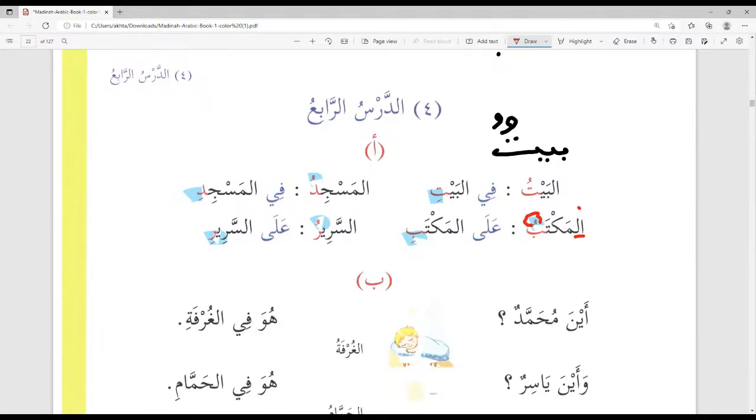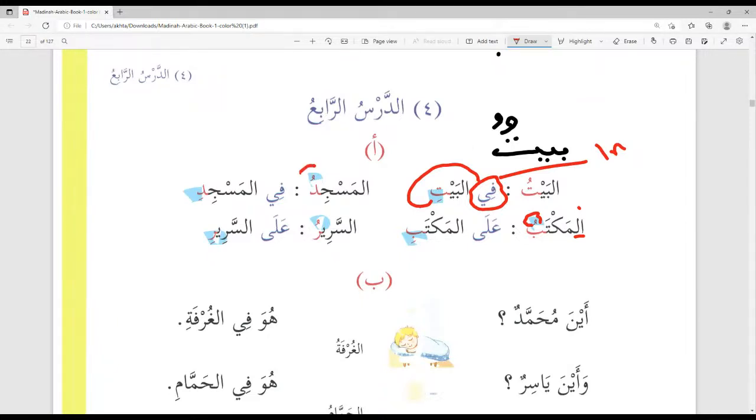So in this case, fil bayti, this fi is responsible for changing it from a dhamma to a kasra. Fi means in. So we have the word al baytu, the house, and now it becomes fil bayti, in the house.